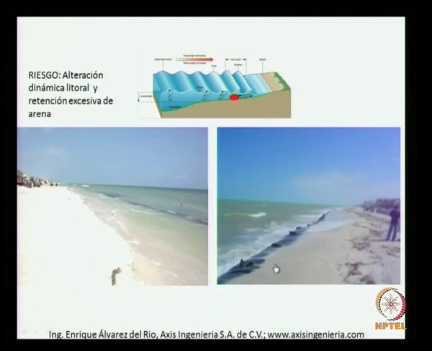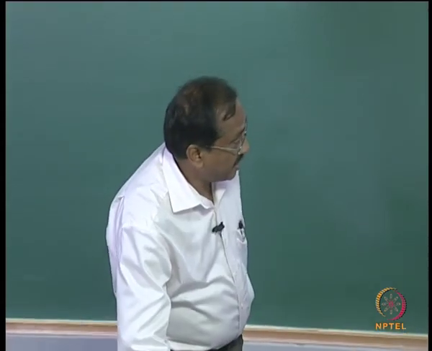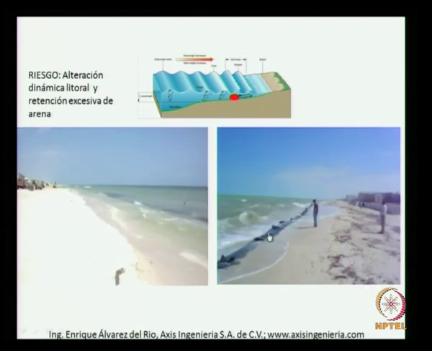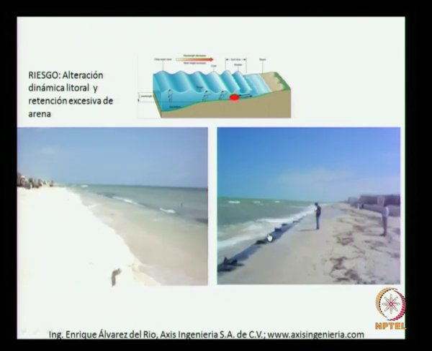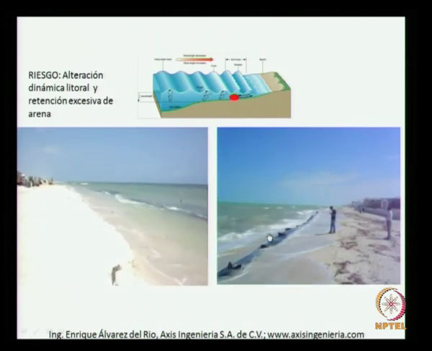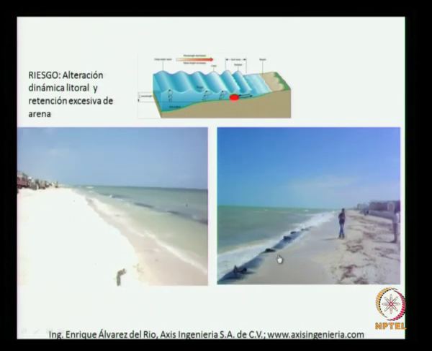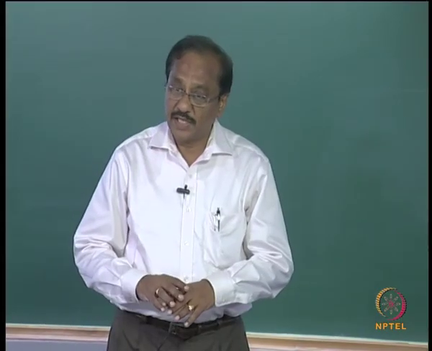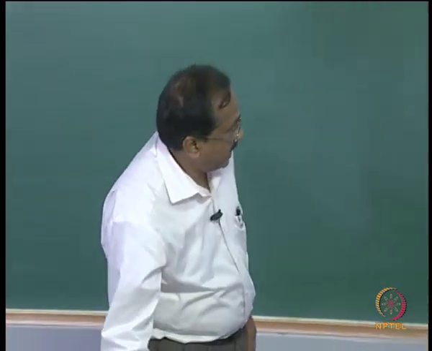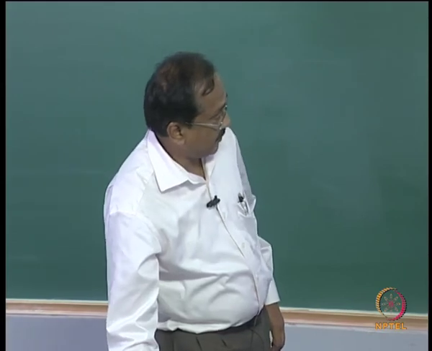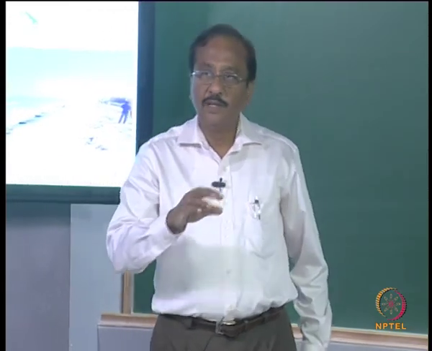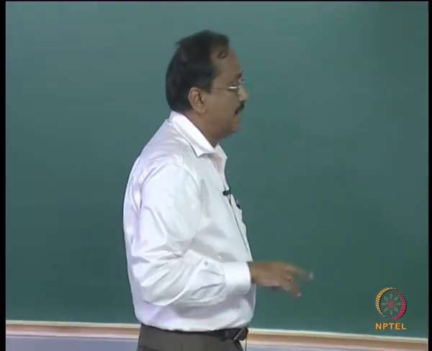If you have a reflecting boundary, instead of protecting the coast, the wave reflection is going to be high, and the amplitude will also increase near the structure. That will facilitate erosion, and once the erosion is taking place, the stability of the geotube also becomes questionable. So before identifying, you have to put in a lot of effort in making sure that you identify a proper location for the submergence of these geotubes.